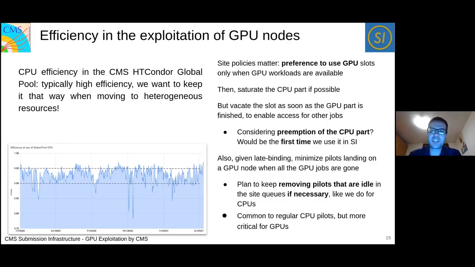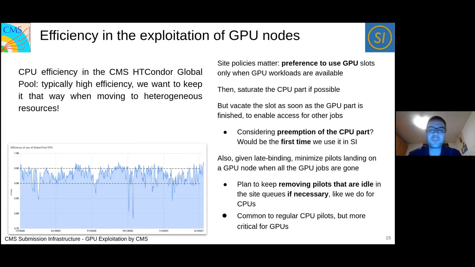In this case, for GPU, the site policies matter a lot, and we have been receiving feedback from sites that want to prioritize the use of GPU over the CPUs on their node. So when we grab a GPU slot with a pilot, they want us to run a GPU workload because GPU is the most expensive resource on that node, and they want to maximize the use of that resource. And then after that, we can saturate the CPU part if possible.